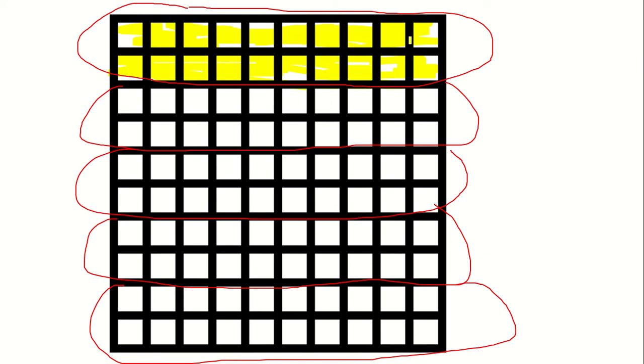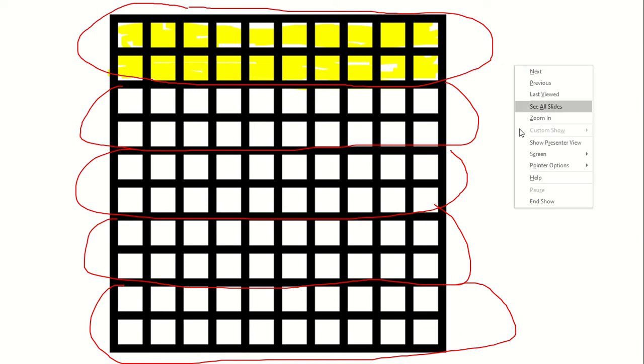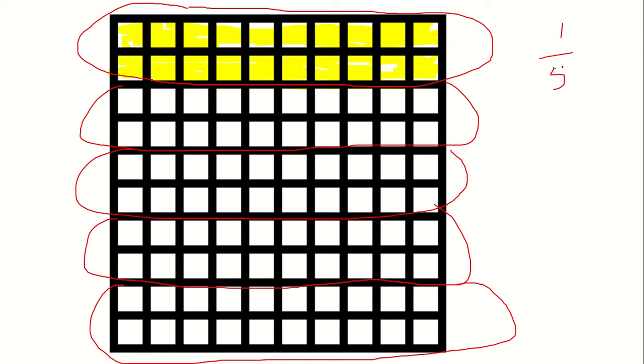Depending on what I wanted my denominator to be, I could call this either 1/5, and that would be if I take one of these large groups into consideration. I have 1, 2, 3, 4, 5 groups, and I've completely circled in one of them. That's 1/5.